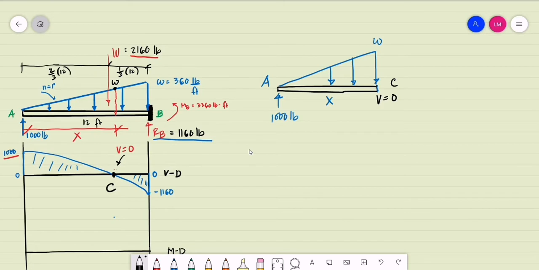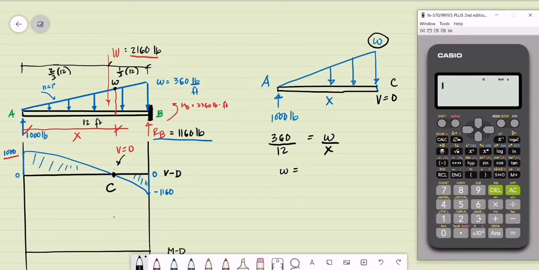So we do the ratio and proportion of our similar triangles. Our bigger triangle has 360 pounds per foot corresponding to a beam length of 12 feet. This is equal to the magnitude of omega corresponding to a distance of x, the cut distance. So if we compute the equivalent of our varying load at that point, that is 360 over 12. That is equal to 30, I think. What is 360 divided by 12?